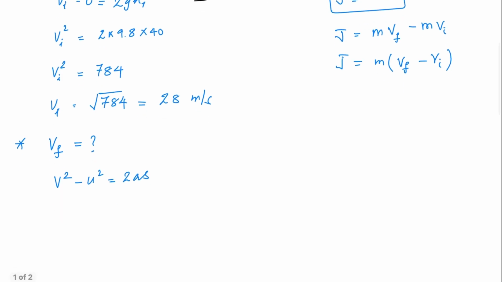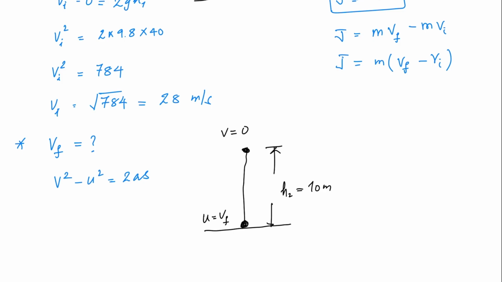Here the consideration is that the body is on the ground, and after hitting the ground, it will bounce back to a height h2, which is equal to 10 meters. At that height its final velocity v is equal to 0, as it reaches only the maximum height of 10 meters, and its initial velocity is equal to vf, so it will bounce back with vf velocity.